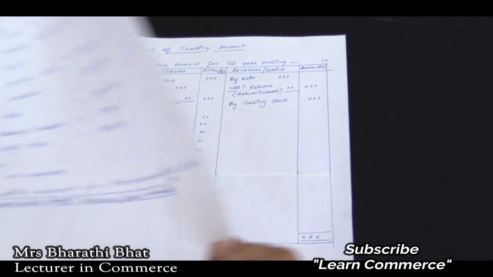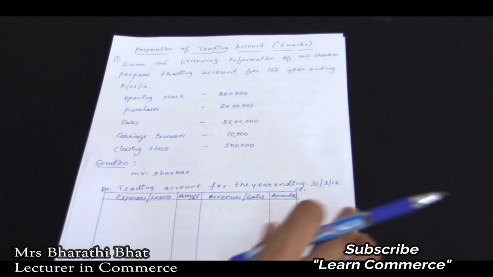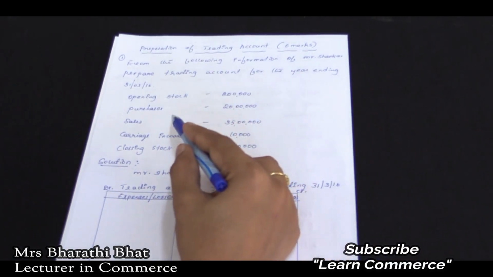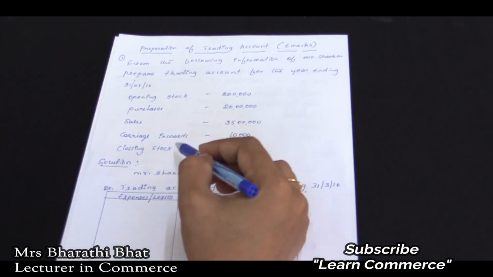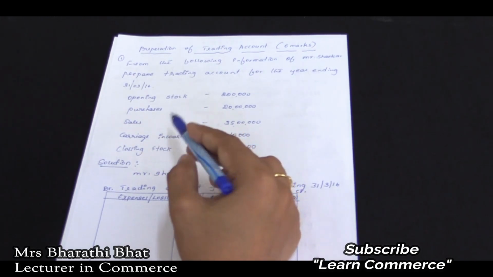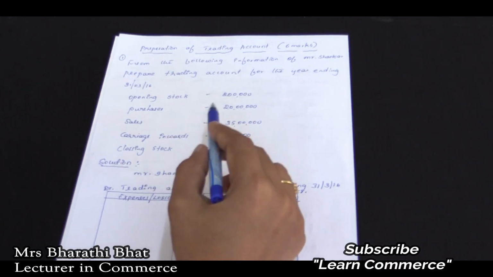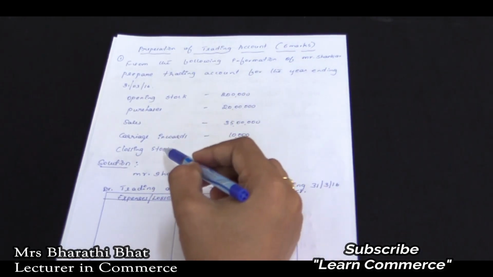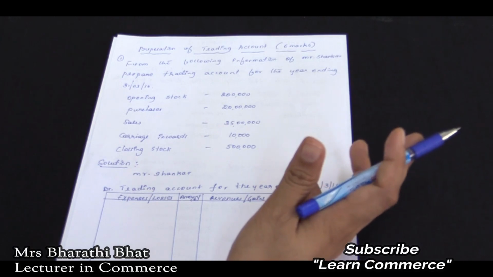So here given informations are only this much: opening stock, purchases, sales, carriage inward, closing stock. Carriage inward is considered as direct expenses here. Opening stock debit side, purchases also debit side, sales credit side, closing stock comes under credit side.